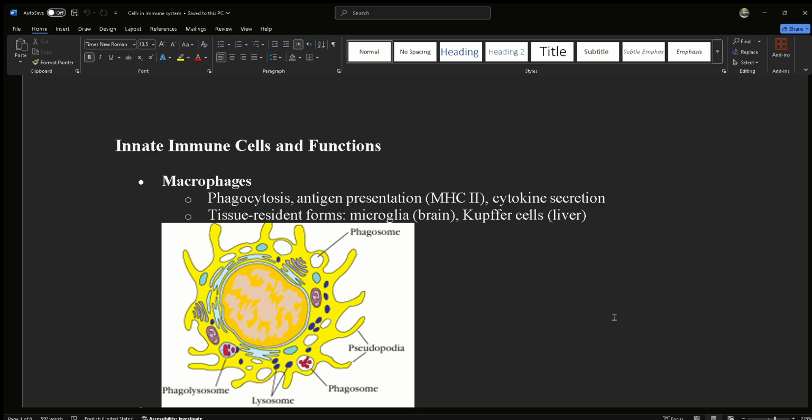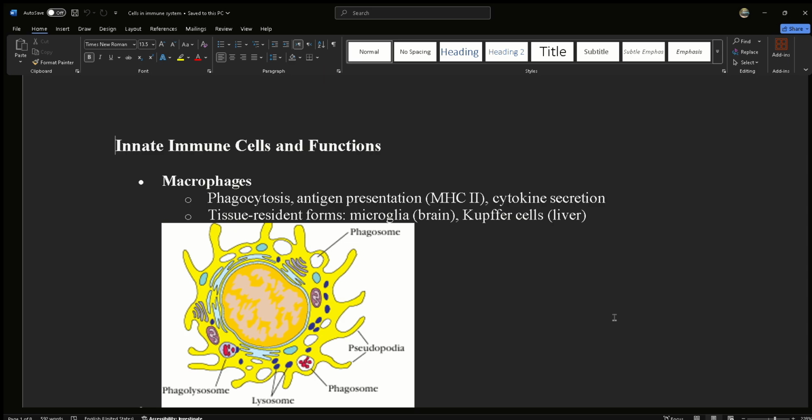So first we start with the cells which are contributing to innate immunity. But one should be clear that both innate immunity and adaptive immunity are communicating and coordinating with each other, and the goal they achieve is immunity.